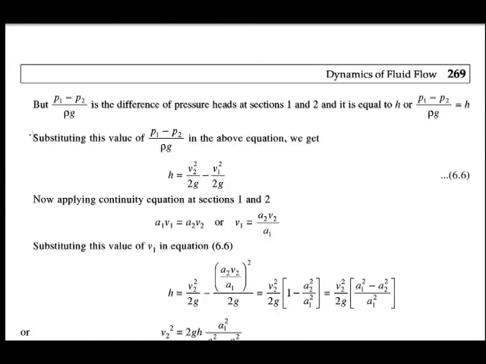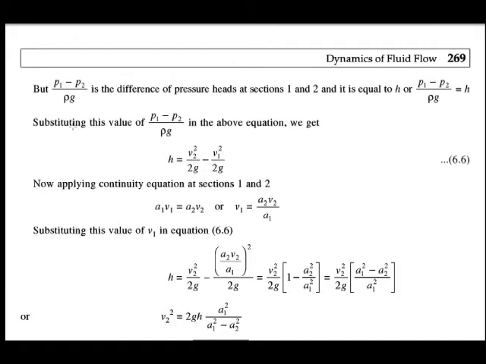The difference P1 minus P2 upon rho g is the difference of the pressure head at both sections, and it is given by H. So P1 minus P2 upon rho g is equal to H. Substituting this, we get H is equal to V2 square upon 2g minus V1 square upon 2g.